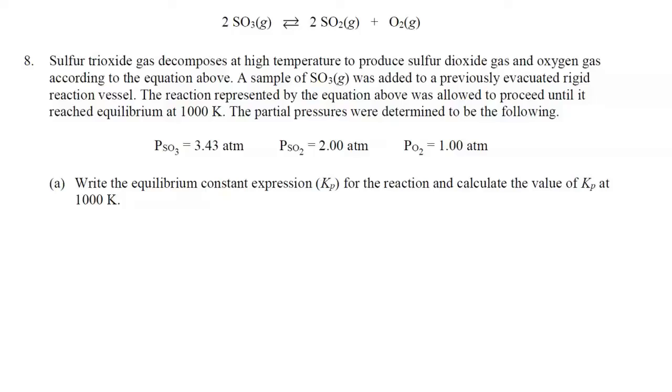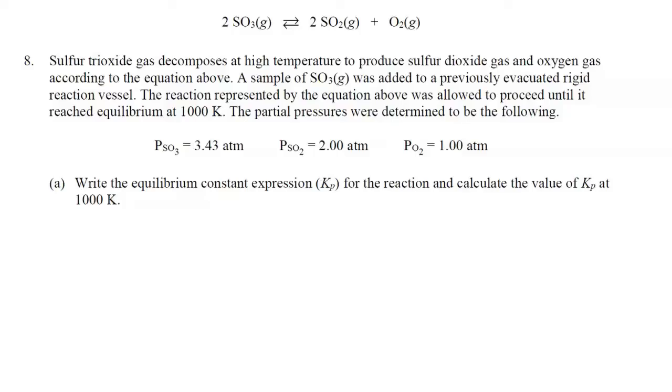It says sulfur trioxide gas, SO3, decomposes at high temperature to produce sulfur dioxide gas, SO2, and oxygen gas, O2, according to the equation above. A sample of SO3 was added to a previously evacuated rigid reaction vessel.